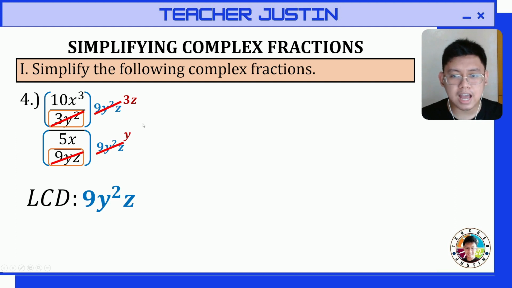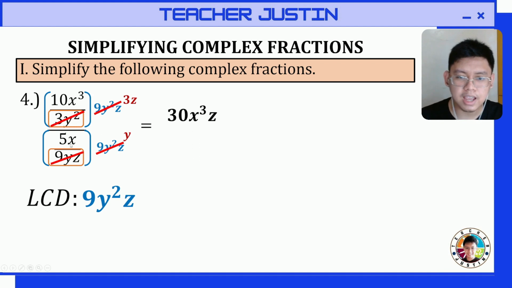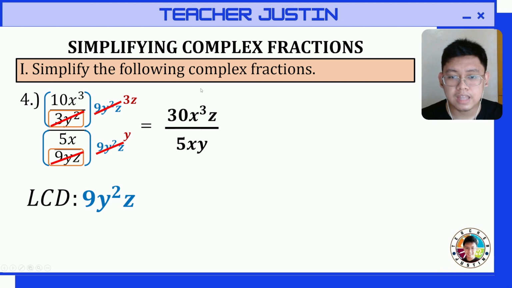Now, after simplifying our numerators and denominators, we will now proceed to multiplying what's left. So 10x cubed times 3z, that will give us 30x cubed z. Sa denominator naman, 5x times y, that will give us 5xy. Now, let's simplify this since pwede pa natin siyang i-simplify.